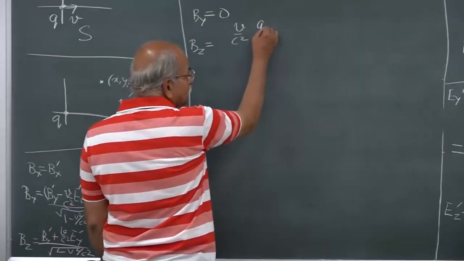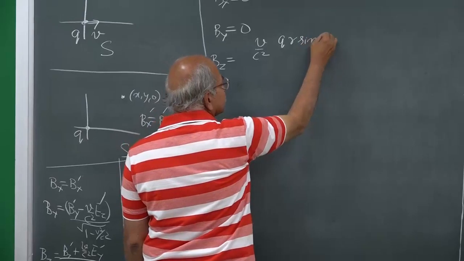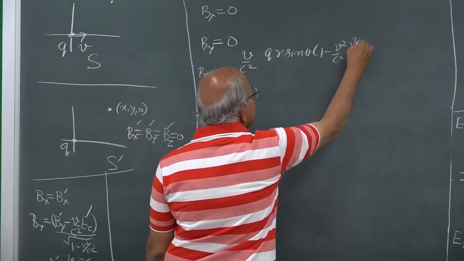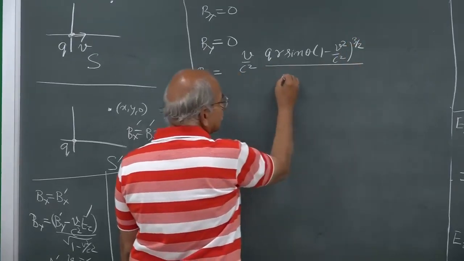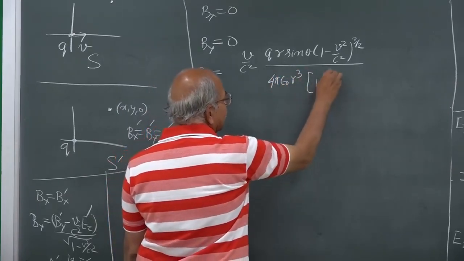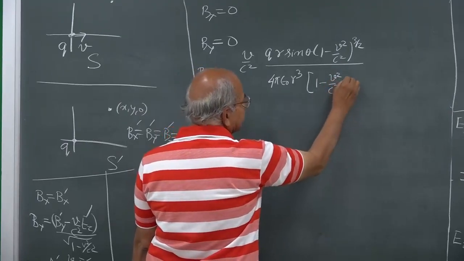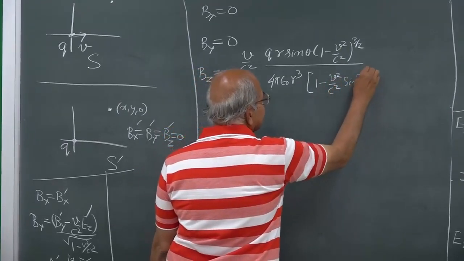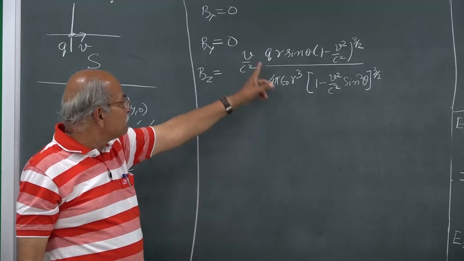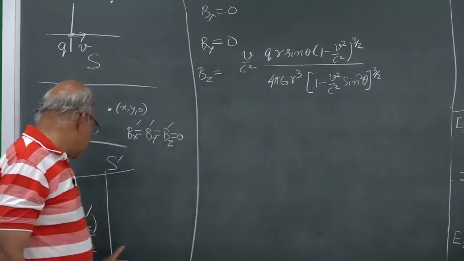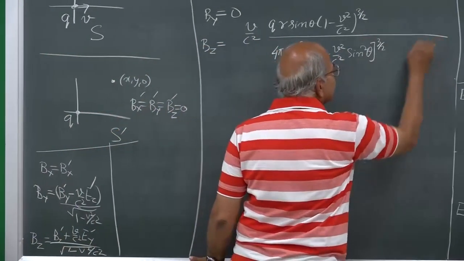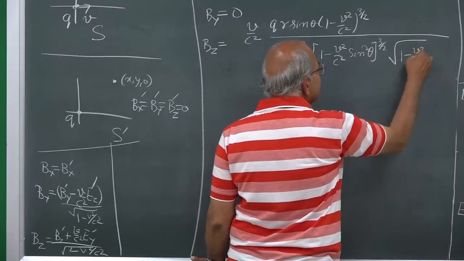So, it is q r sin theta, then 1 minus v square by c square power 3 by 2 divided by 4 pi epsilon naught r cube 1 minus v square by c square sin square theta and then to the power 3 by 2. This is Ey prime, v by c square into Ey prime, and that divided by square root 1 minus v square by c square.